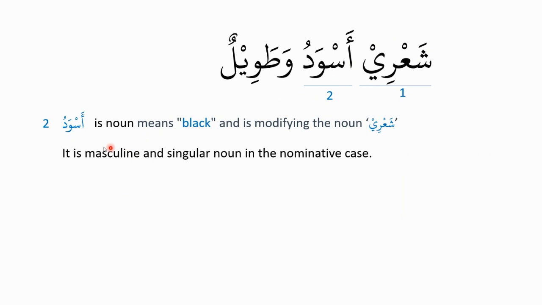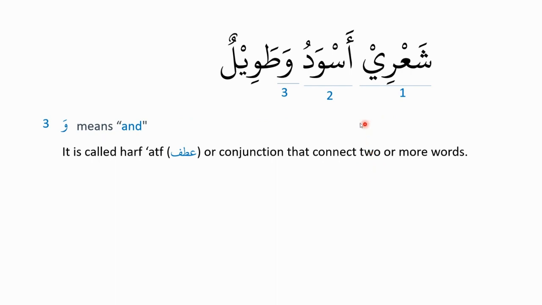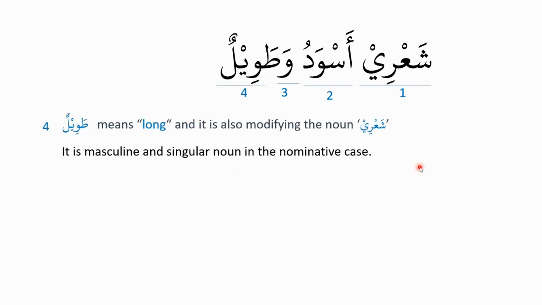Aswad is a noun that means black, and is modifying the noun sha'ri. Aswad is a masculine and singular noun in the nominative case. Wa means and. Wa is called harf ataf or conjunction that connects two or more words.